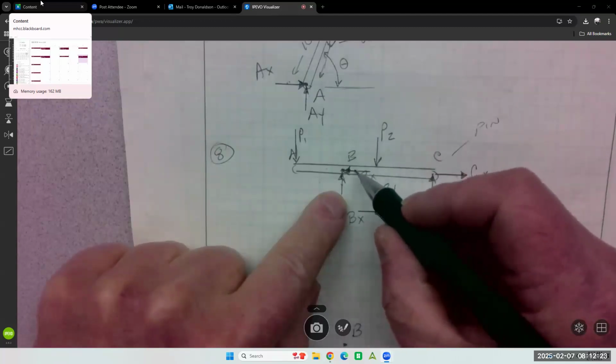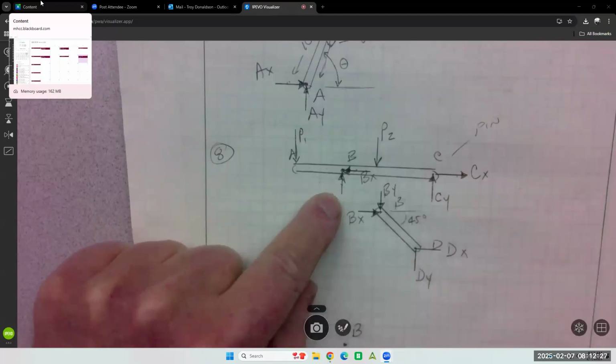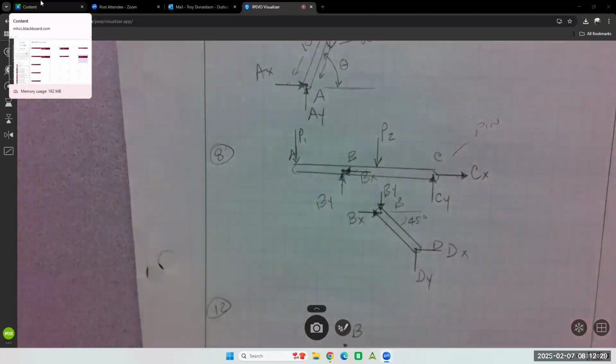If BX goes left here, BX goes right here. So when that pin comes together, it's in equilibrium. So the sum of the forces have to be equal to 0 for the system and for every piece of the system. Does that make sense?